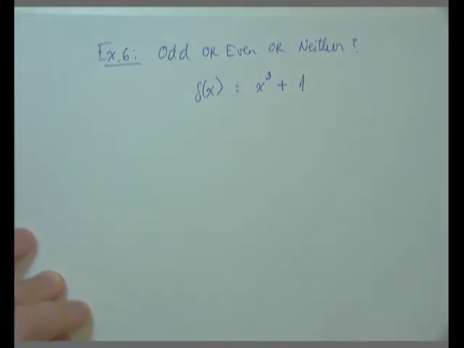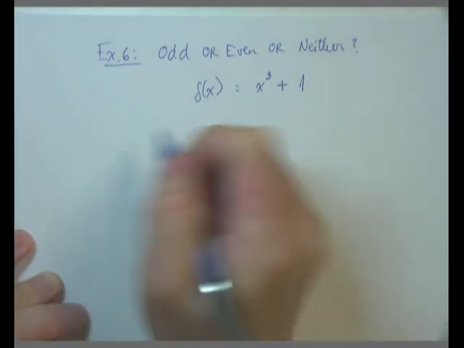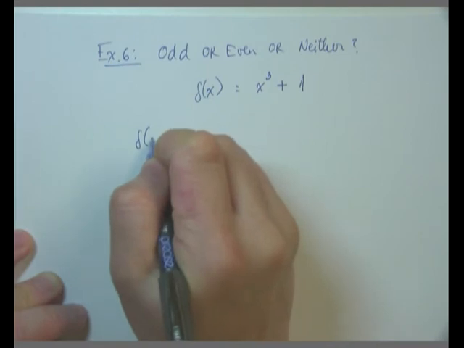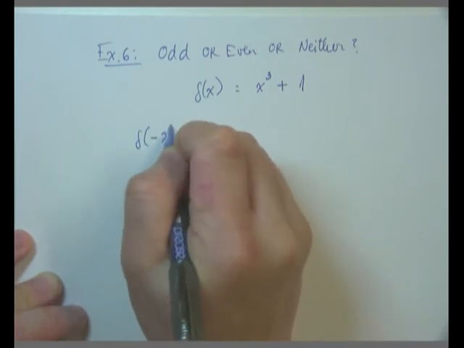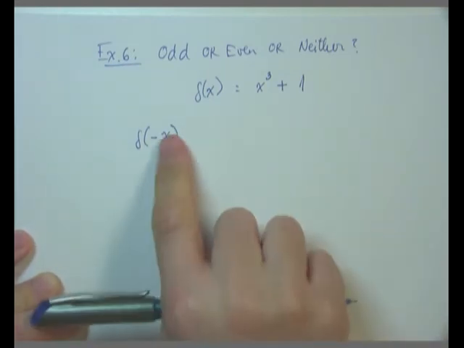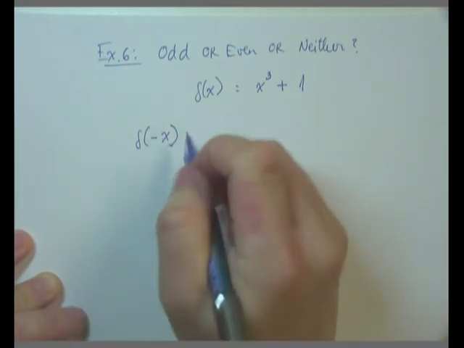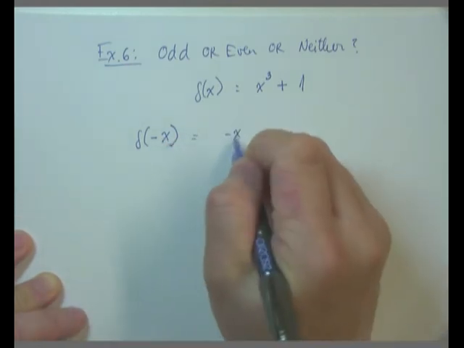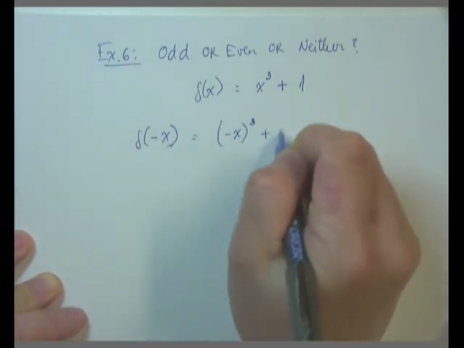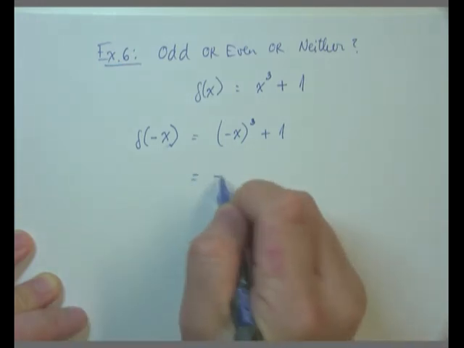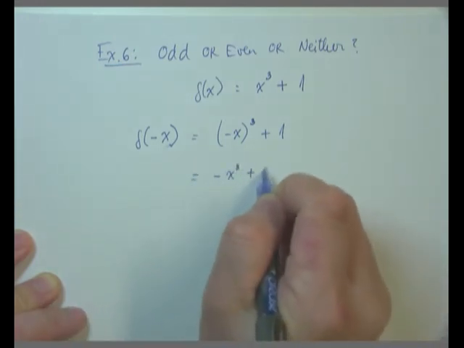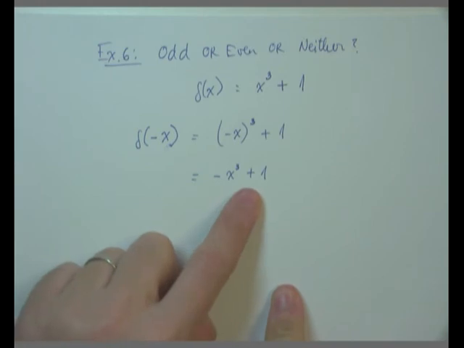Simple function. Once again, the starting point is to replace the input argument by a minus x. Here what I have is minus x all cubed plus 1, and that turns out to be minus x cubed plus 1. Once again, that's my final expression.